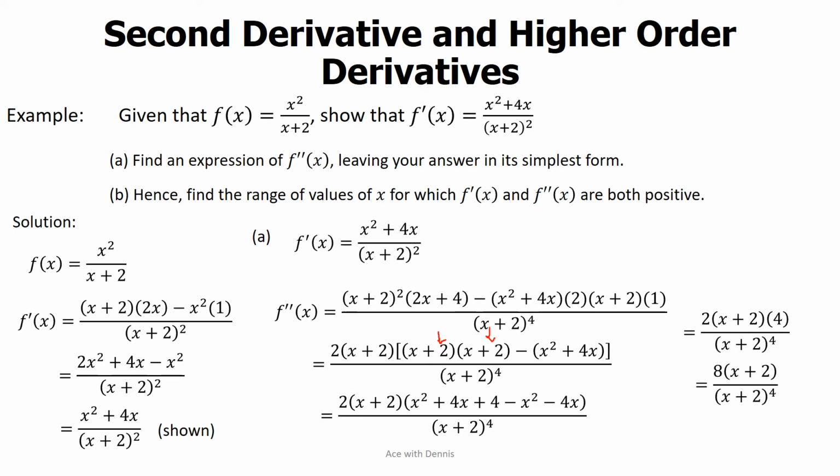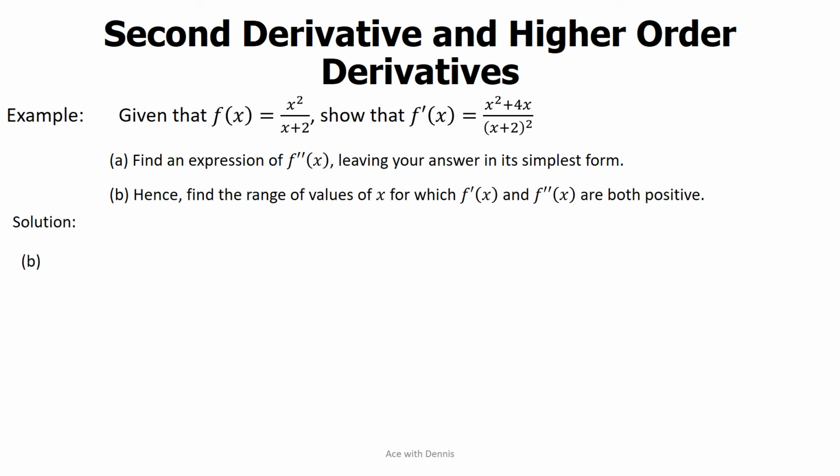We get the answer is 8 bracket x plus 2 over (x plus 2) to the power 4. We can still cancel x plus 2 and x plus 2 at the bottom here, so power 4 becomes 3. Therefore, the answer is 8 over (x plus 2) cubed.